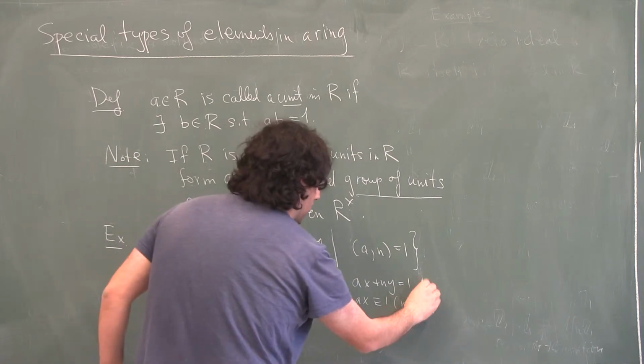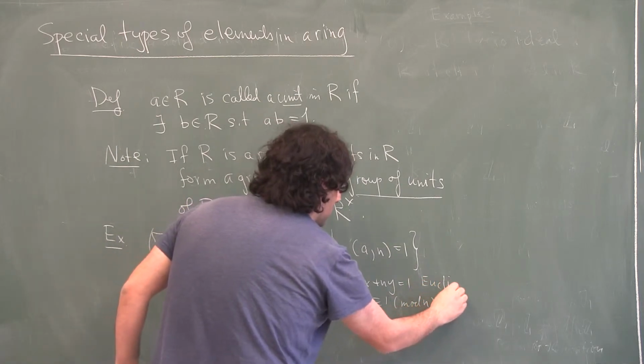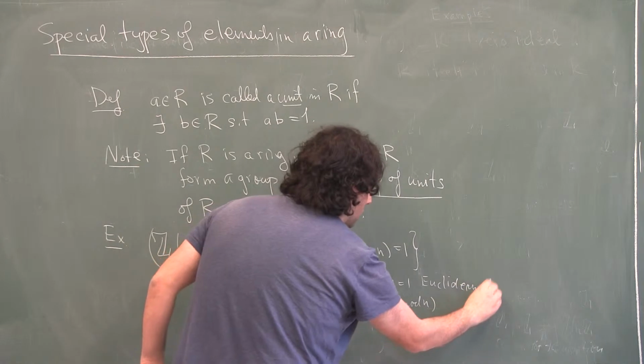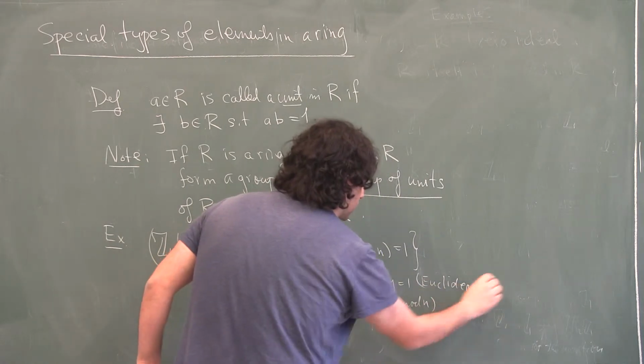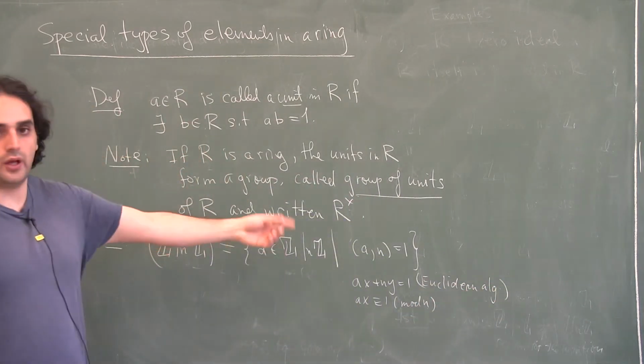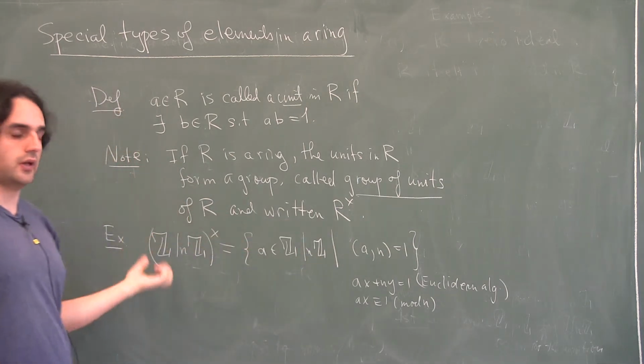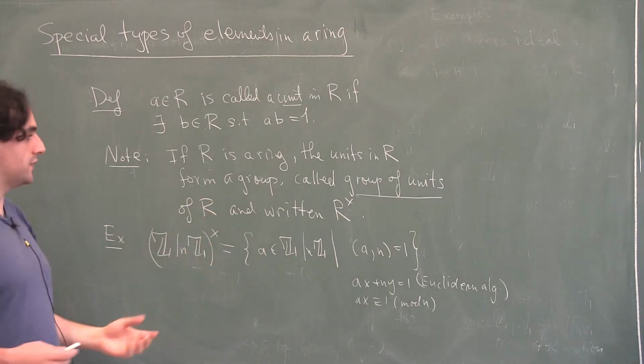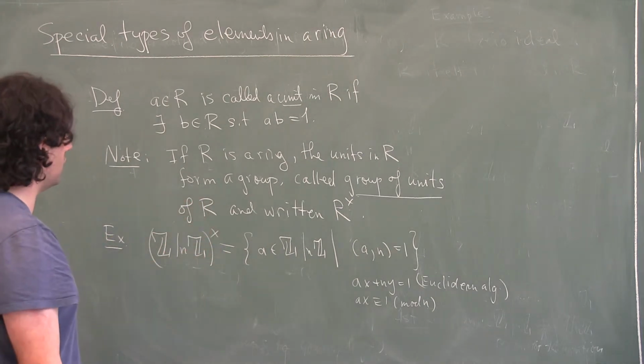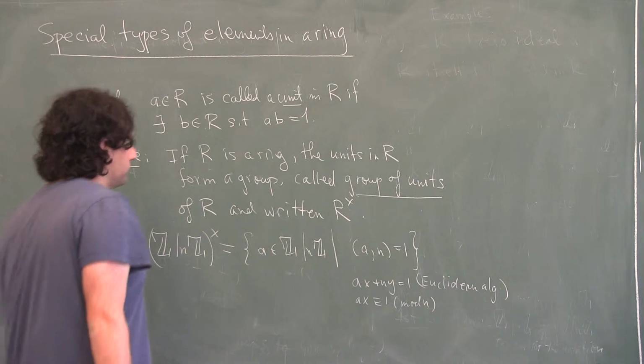So this is the Euclidean algorithm. And the other direction, that if they're not relatively prime, there's no inverse, we already discussed in a previous lecture, and it's easier to see. Okay? So these are the units.